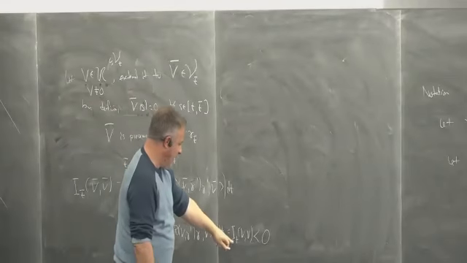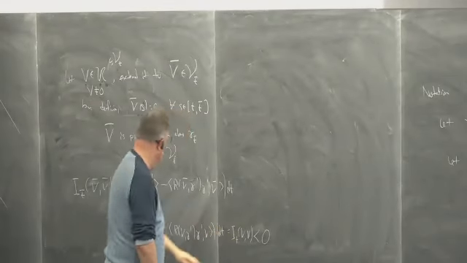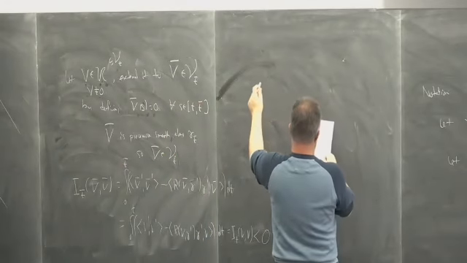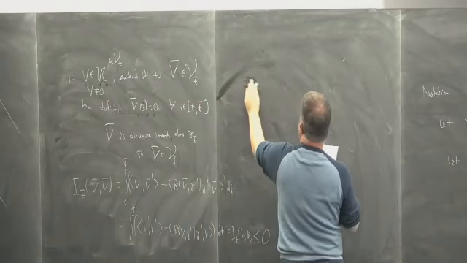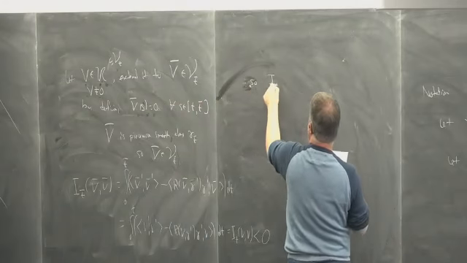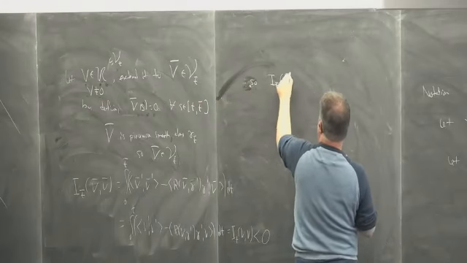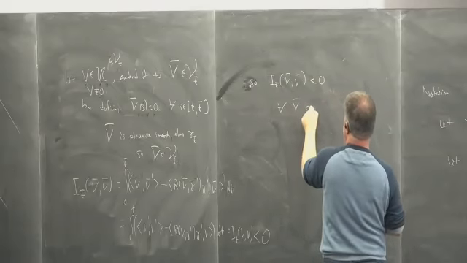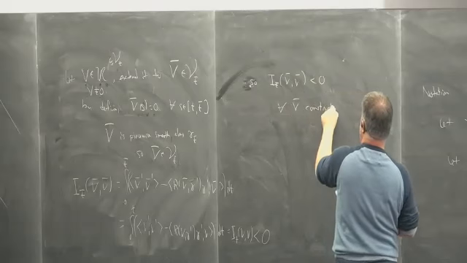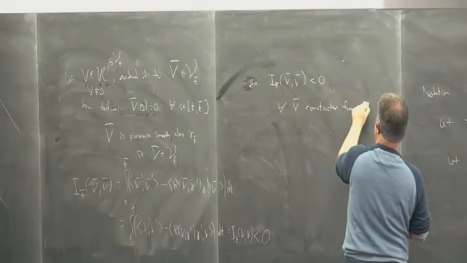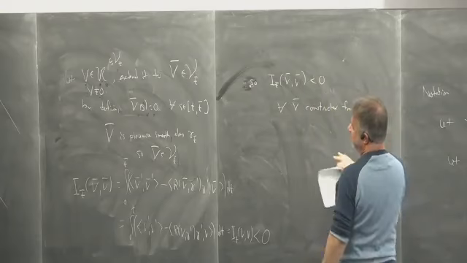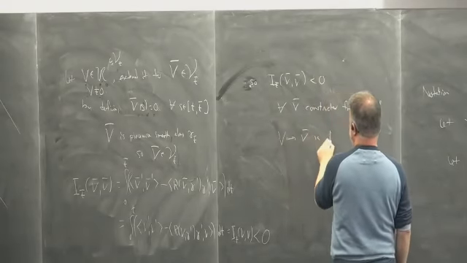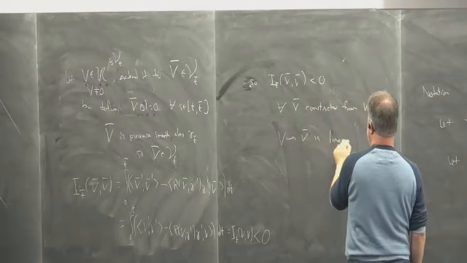And because I_t is negative definite on U, this is strictly negative. So I_t bar of V bar, V bar is less than 0 for all V bar constructed from V in U. And we can see that this map that takes V to V bar is linear and injective.